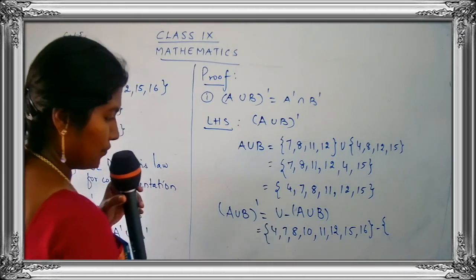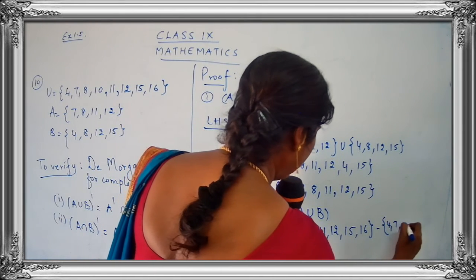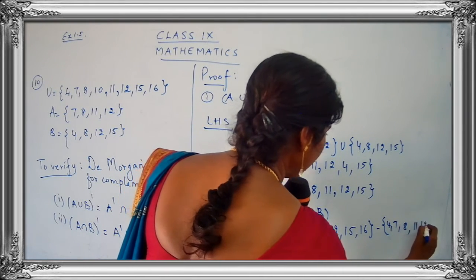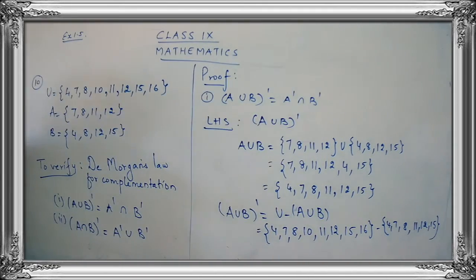Here we have got the members over here. So write down the members: 4, 7, 8, 11, 12, 15. Just take down the members of U and the members of A union B. Have you taken down, children? Good.